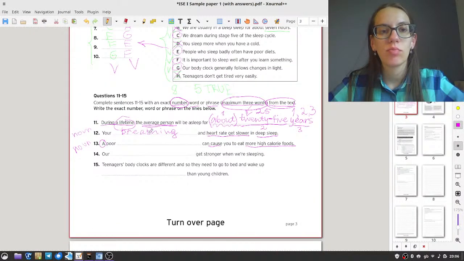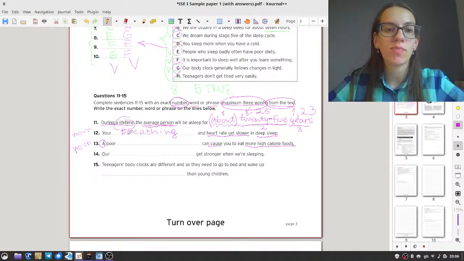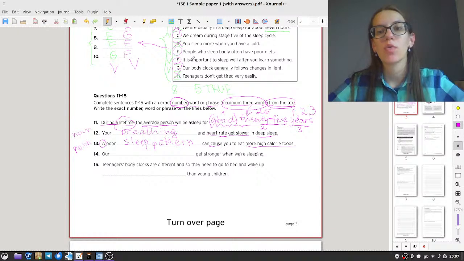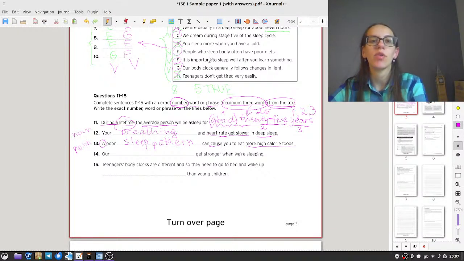So could we say a poor sleep pattern can cause you to eat more high-calorie foods? Yes. So we can take this phrase and put it here, sleep pattern. A poor sleep pattern can cause you to eat more high-calorie foods.